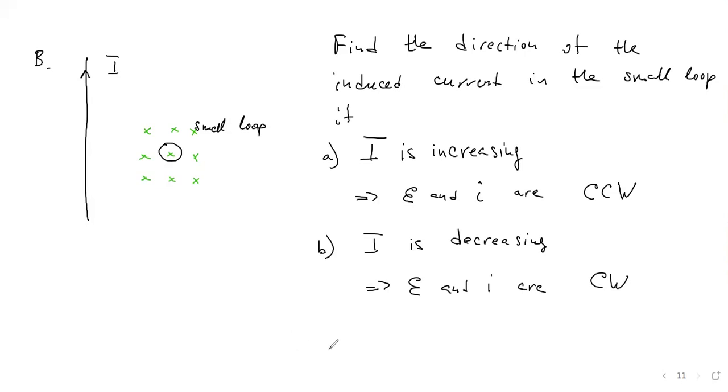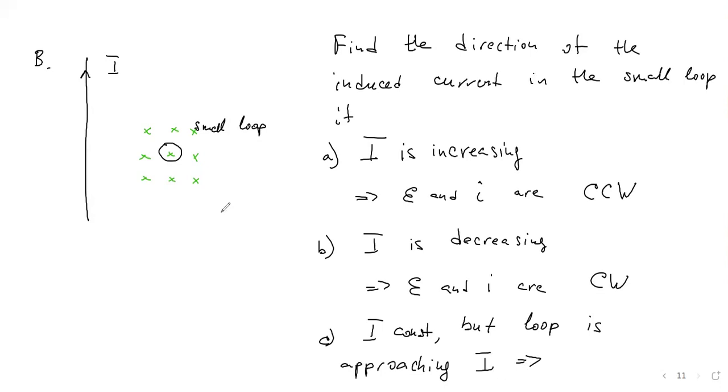What if current is constant, but the loop is moving either towards the current or away from the current? If the loop is approaching the current, this means you want to locate it closer, but the current doesn't change, only the loop is moving.